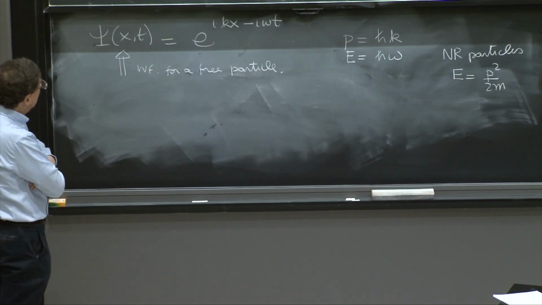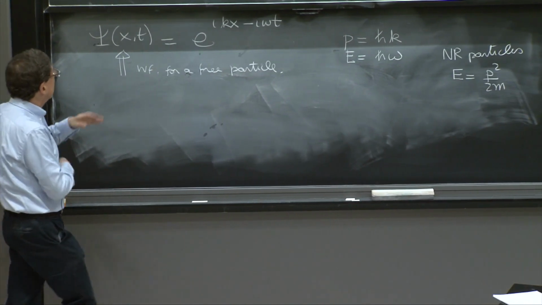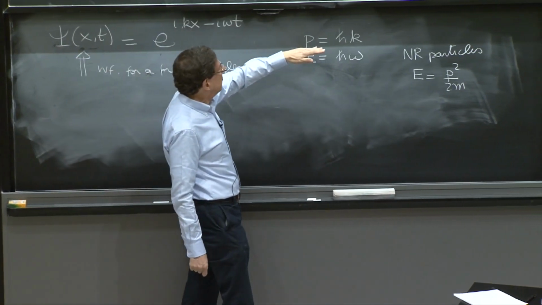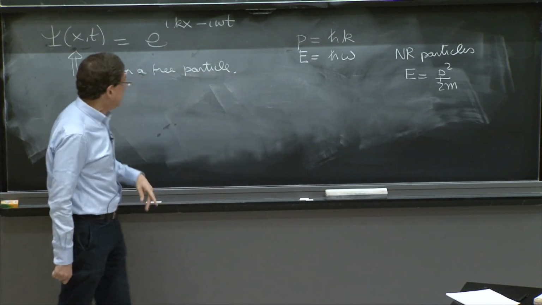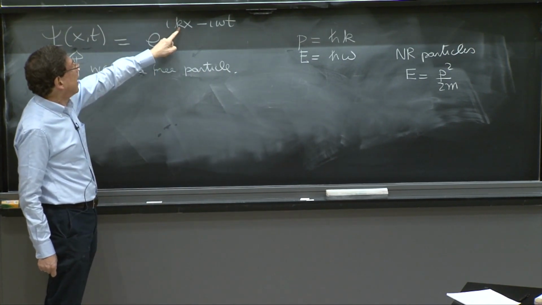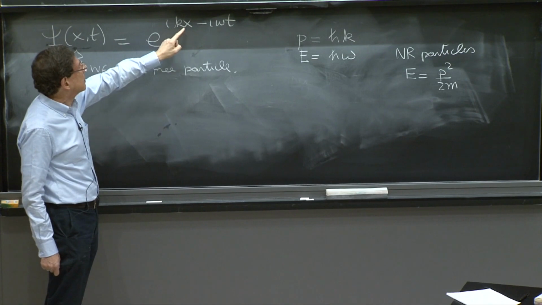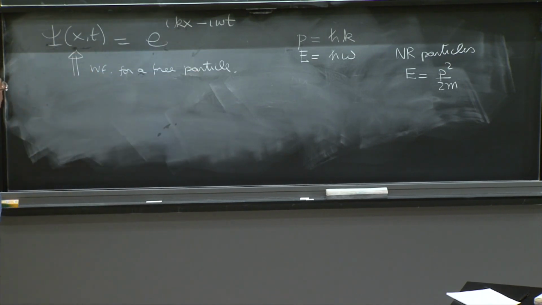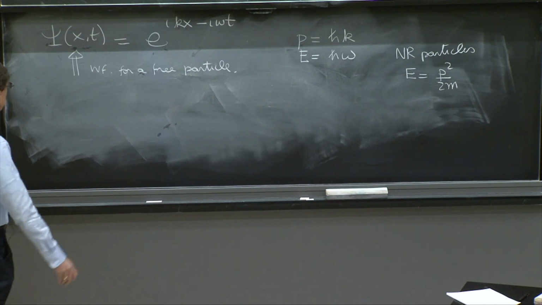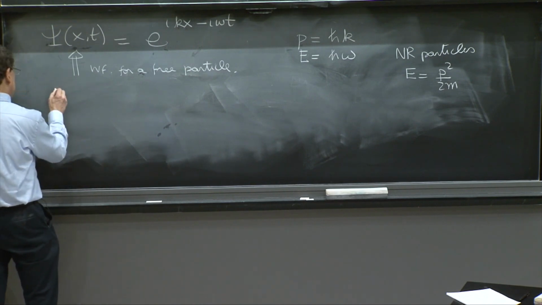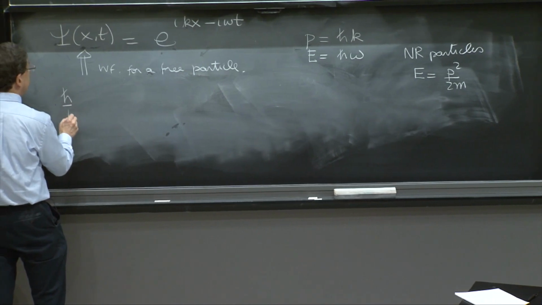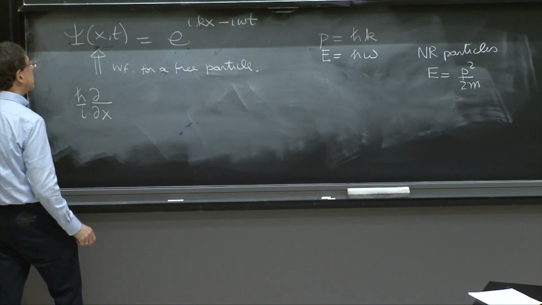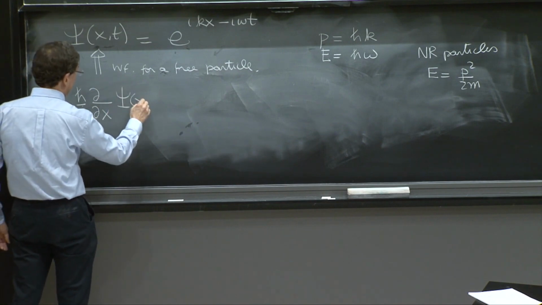But one thing we could say is that you have this wave function here, and you wish to know, for example, what is the momentum. Well, you should look at k, the number that multiplies the x here, and multiply it by h bar, and that would give you the momentum. But another way of doing it would be to do the following, to say, well, h bar over i d/dx of psi of x and t.